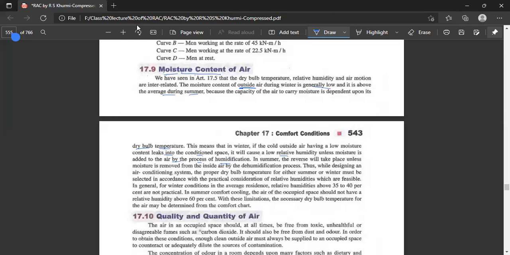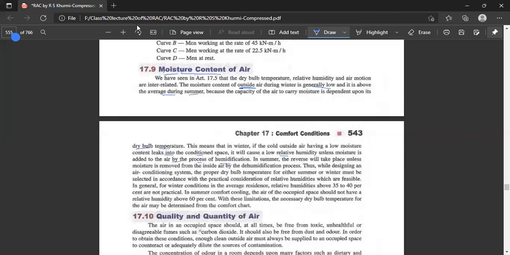So relative humidity is lower at a comparatively low dry bulb temperature. Unless moisture is added, this low moisture in the incoming air will persist. In summer it is exactly the reverse: unless moisture is removed, you will have an excessive amount of moisture in the air inside your room. So in the initial stages you have to do humidification, and in the final stage you are supposed to do dehumidification.